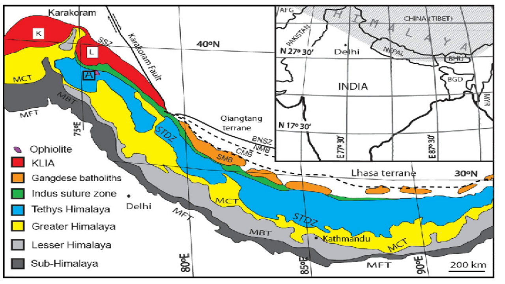In due course of time, this depression gradually got filled with the deposition of sediments by the flowing rivers. Between the mountains in the north and the peninsular plateau in the south, a flat land of extensive alluvial deposits led to the formation of the northern plains of India.